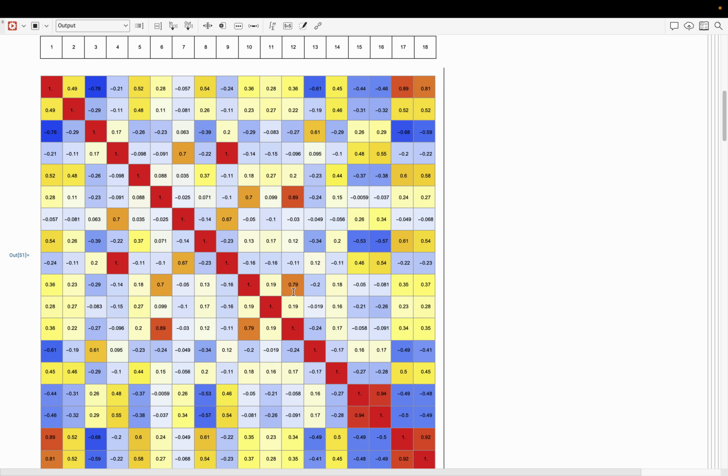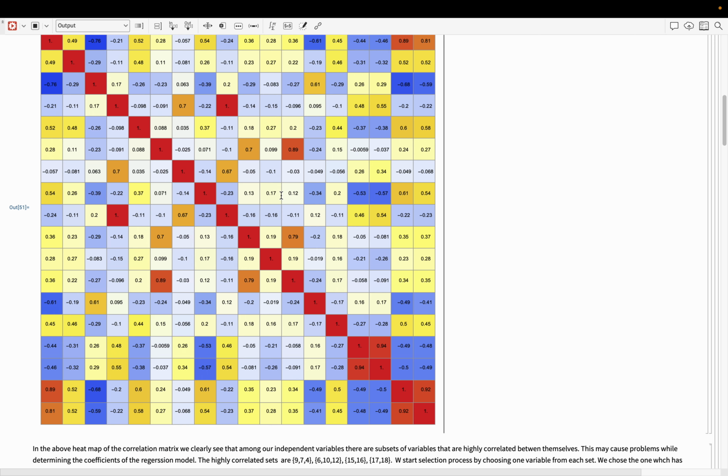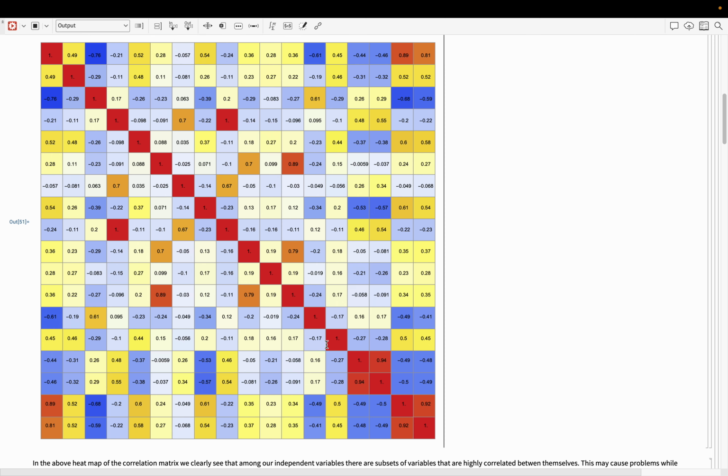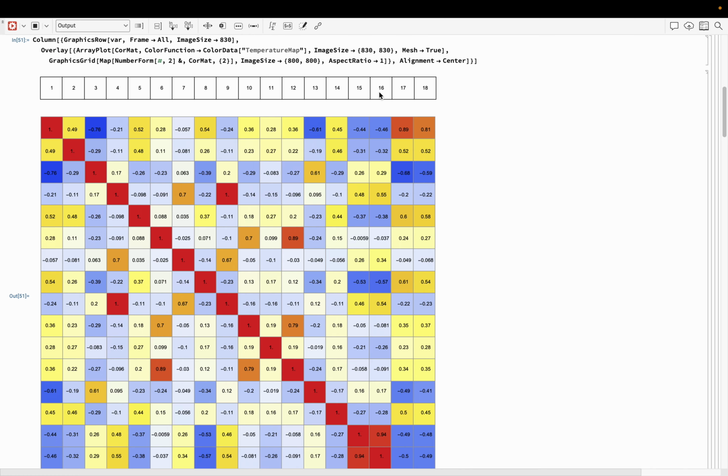Another subset of correlated variables, we can see here 12 and 10. So again, there will be 3 of them, because 10 and 6 are also strongly correlated. So there will be 6, 10 and 12, the subset from which we take 10 or 12, because here we have the same number. And there are still two more subsets: 15 and 16.